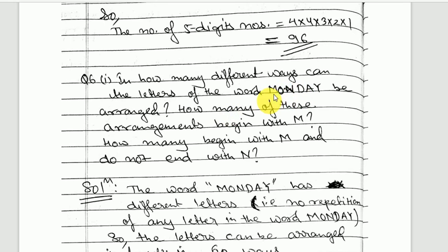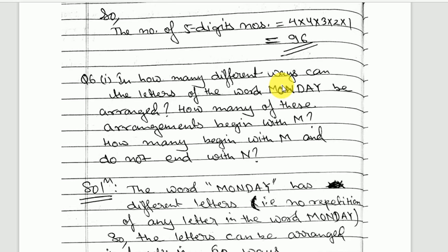They are asking how many ways you can arrange. Here they are not saying how many letters we have to take at a time, so we have to take all the letters together. Since the 6 letters are different, the total possible arrangements will be 6P6.